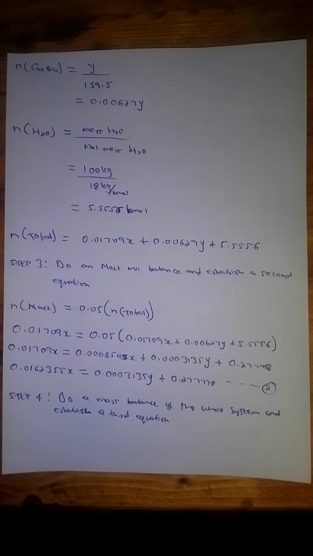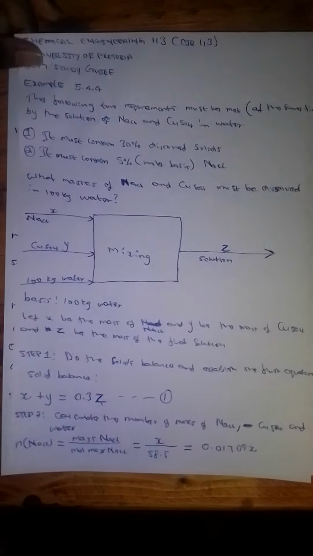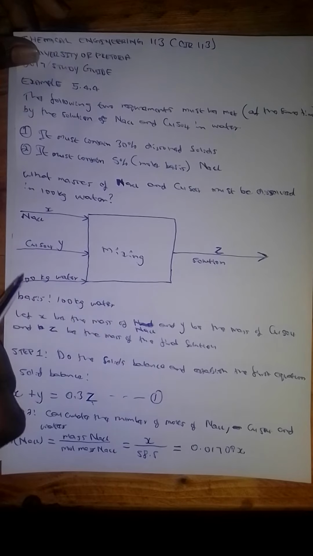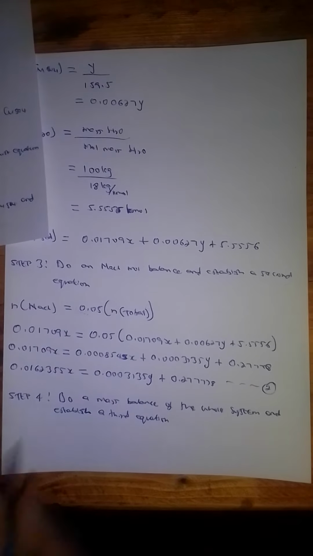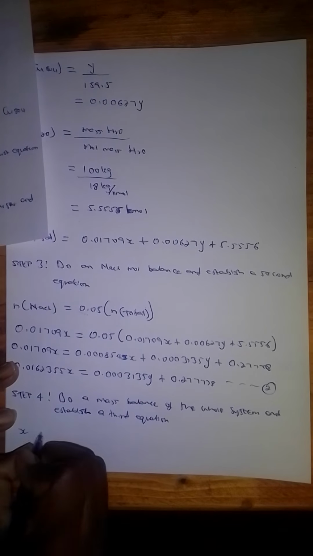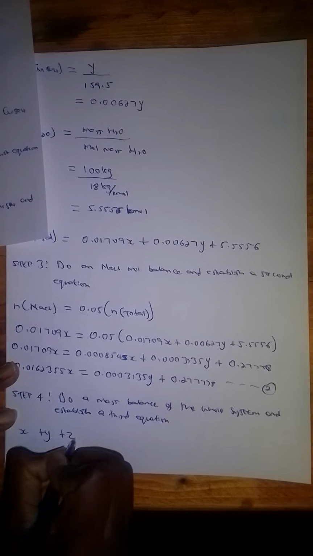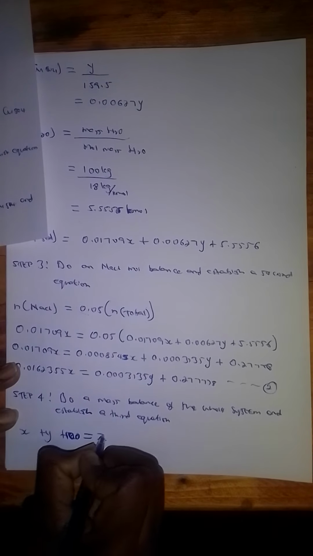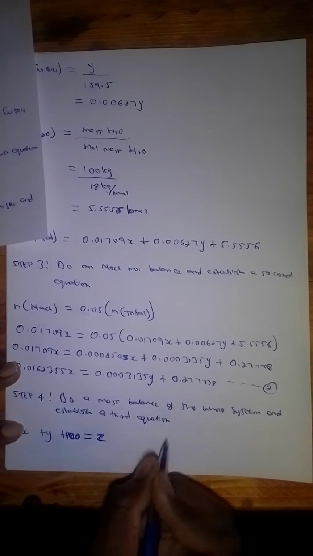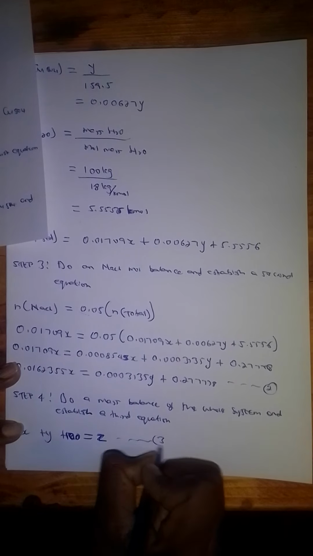That's exactly what we're going to be doing. When we bring back the diagram, we know that for the system, x plus y plus 100 is equal to z, and that's going to be our third equation.